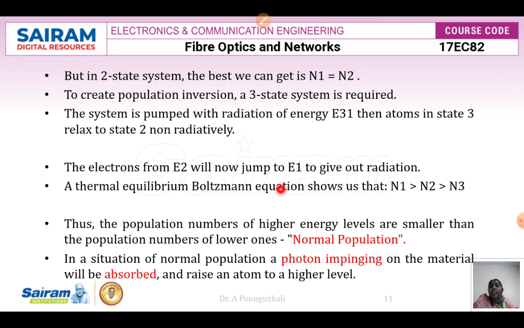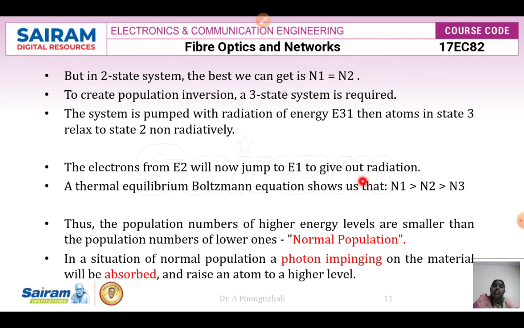But to create population inversion, I should go for a three-state system, where the system is pumped with radiation of energy h mu, and the atoms in state 3 then automatically move to state 2 non-radiatively.